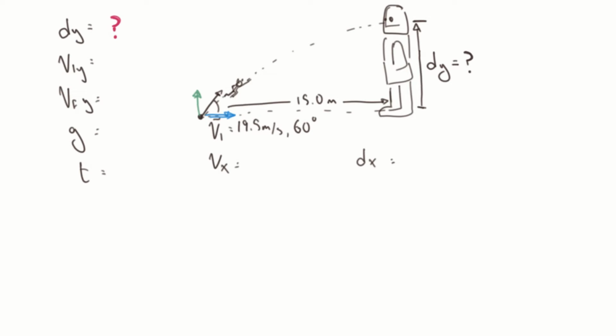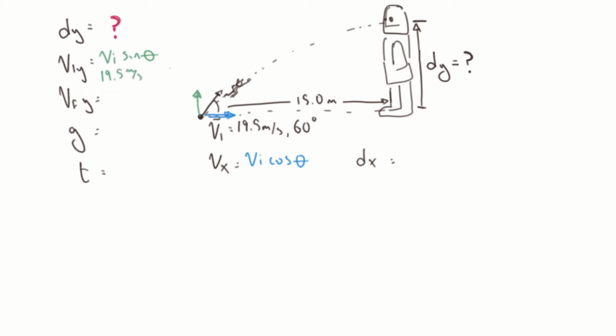So we do know that VIY is equal to VI times the sine of theta, and we know that the x component is equal to VI times the cosine of theta. And we have all that information handy, so we can just plug that information in. We can actually just get that right now.